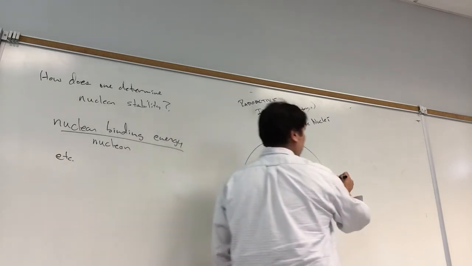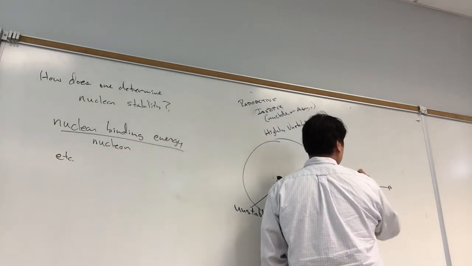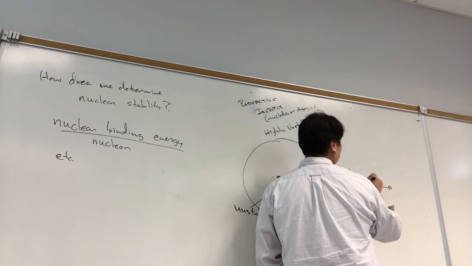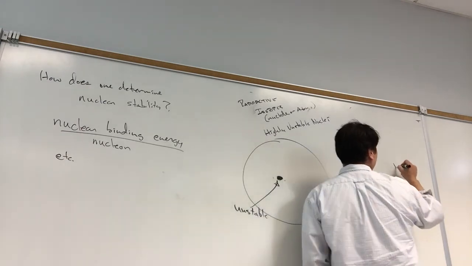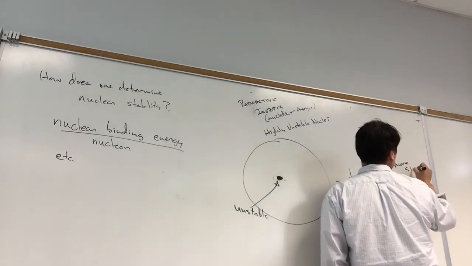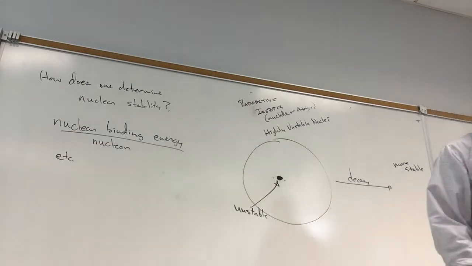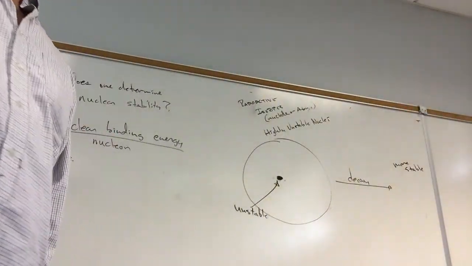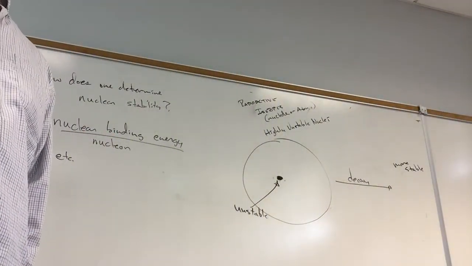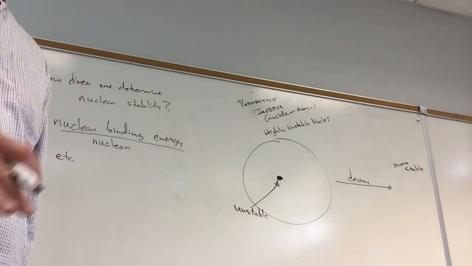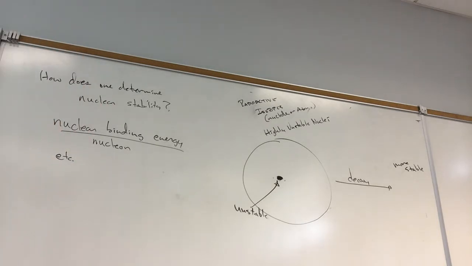It's going to decay. When it undergoes decay, it forms more stable nuclei. And so we're going from high energy, less stable to more stable. Not necessarily completely stable. I mean, we could go from one radioactive one to another radioactive one.